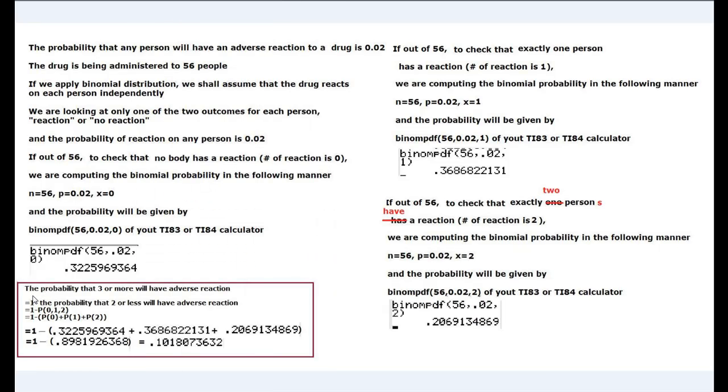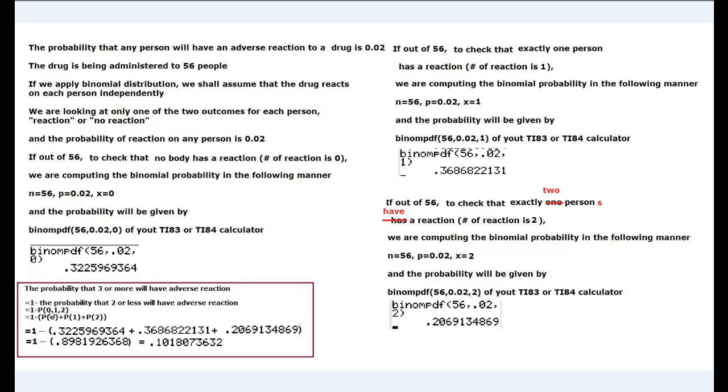Now we answer the question: what is the probability that 3 or more will have an adverse reaction? This event is the complement of 2 or less. The probability of 3 or more is 1 minus the probability of 2 or less.